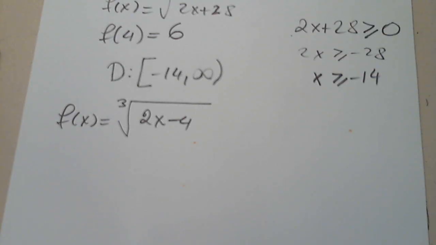Anyone can give us a hint on the domain of this function? Anybody, please say something. 2 to infinity? Why? Negative 4 gets moved over to positive 4 divided by 2 is 2.